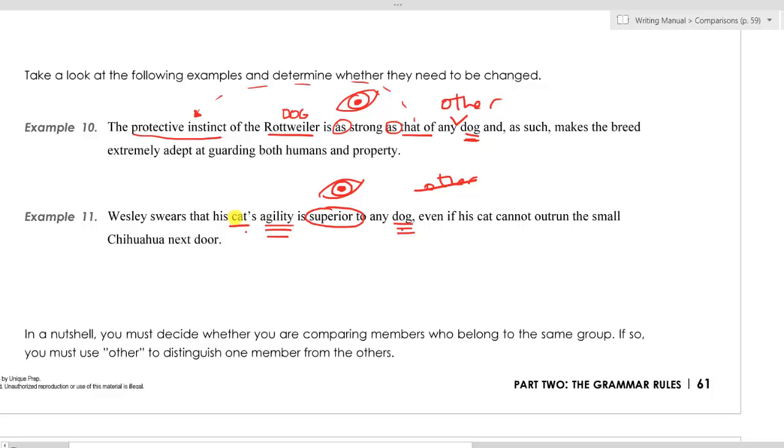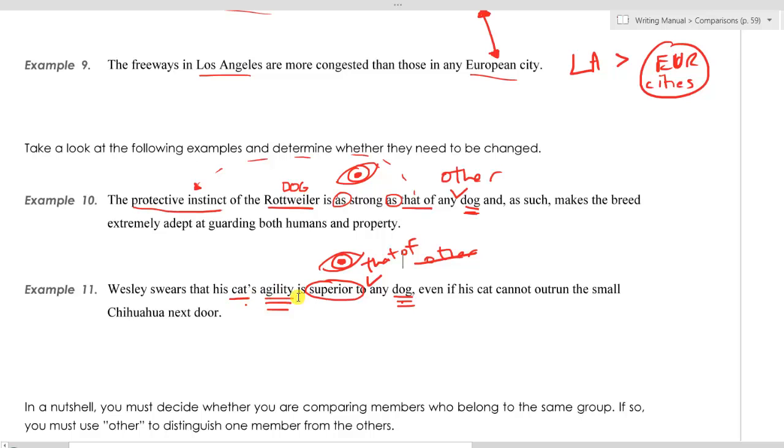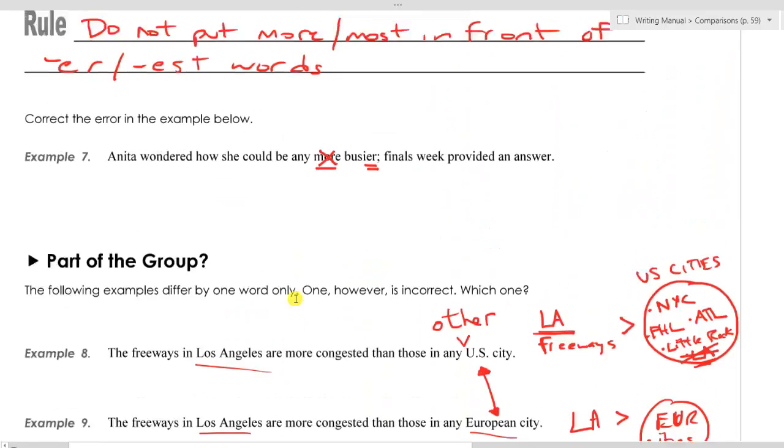You can say that his cat's agility is superior to that of any dog. But you cannot say that agility is superior to a dog. So I threw in another unclear or illogical comparison error here. This is not a part of the group error, but an unclear or illogical comparison error. Hopefully you caught that. If you didn't, make sure you're looking for those unclear or illogical comparisons.